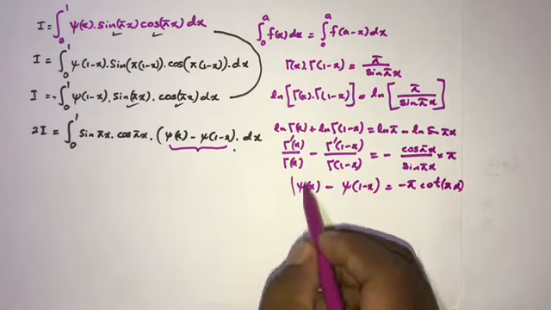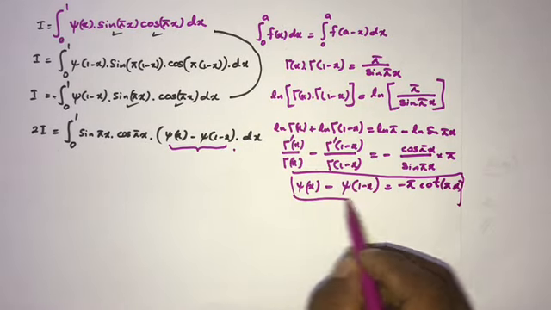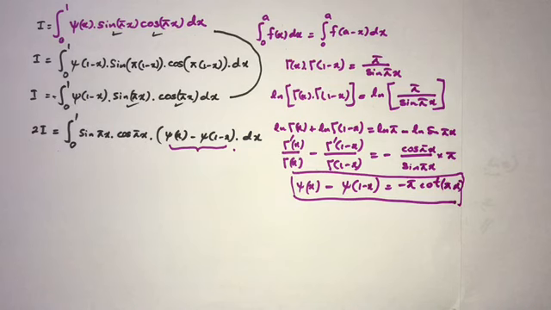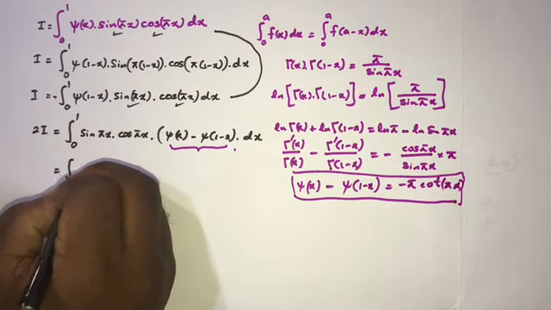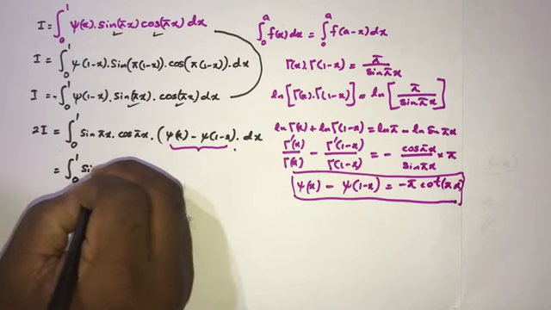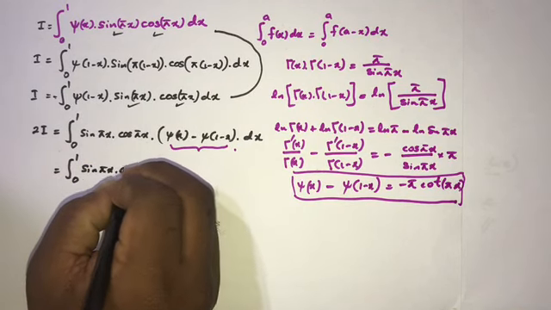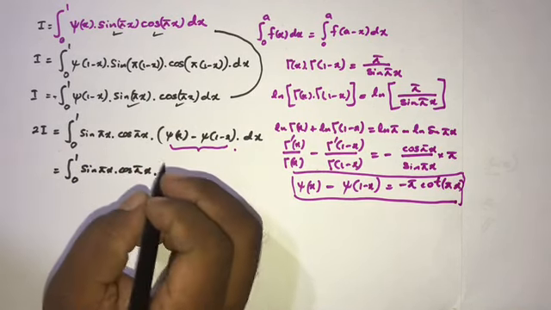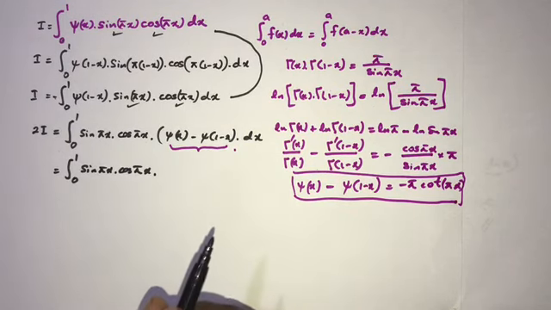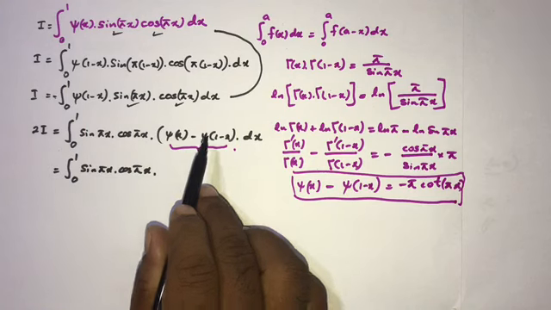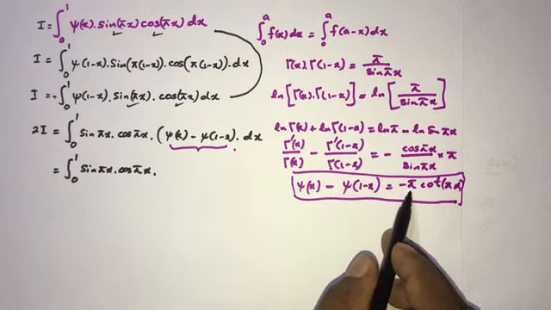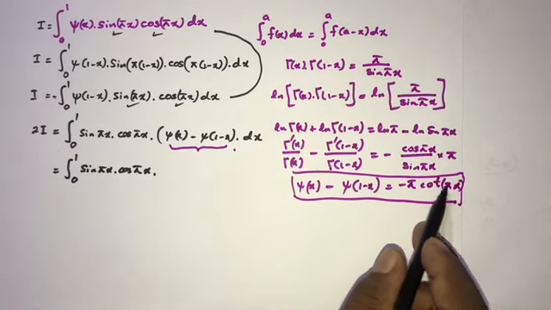Well, then we can apply this formula. So here now we can write integral from 0 to 1 sine of pi x cosine of pi x. Now instead of digamma of x minus digamma of 1 minus x, we can plug in minus pi cot pi x.